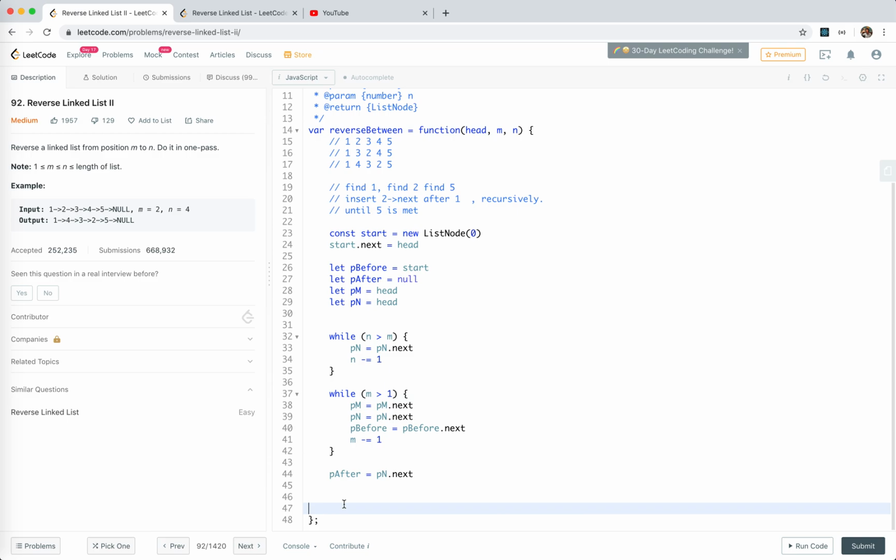Now we do the recursion. The recursion is what we explained here. We keep inserting the next node of P2, which is Pm. Oh, P before the next node. Wait a minute, the P2. Oh yeah, the PM.